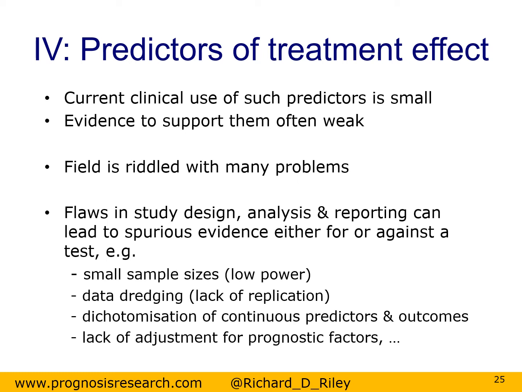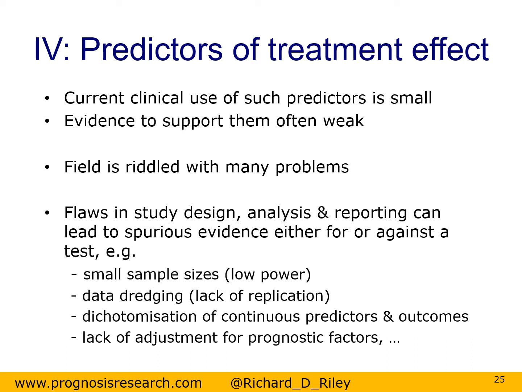And this leads to spurious evidence. So small sample sizes, for example, lead to low power. So there may be some genuine predictors of treatment effect out there that we just don't know about because we haven't powered our studies properly. More common is data dredging, where people keep looking for subgroup effects and only report the ones that they found to be significant. So this leads to lack of replication in new data.